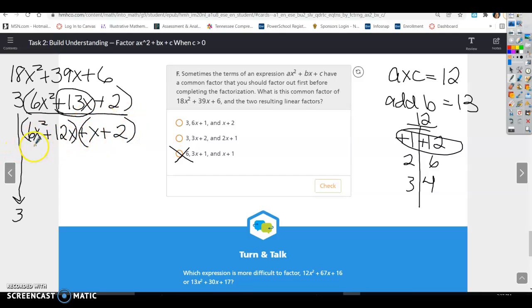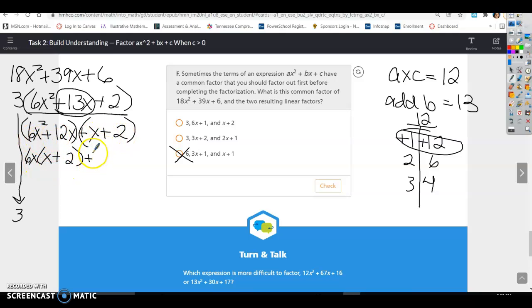I can look at 2 binomials and then look at the greatest common factor. Here I've got 6x squared plus 12x. My greatest common factor is 6x, and then I have x plus 2. So 6x times x is 6x squared, 6x times 2 is 12x. So again, this is just rewriting this in factored form.